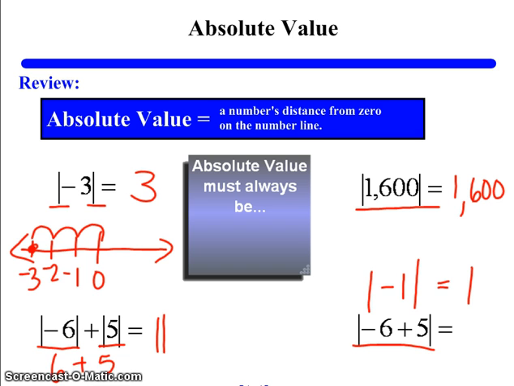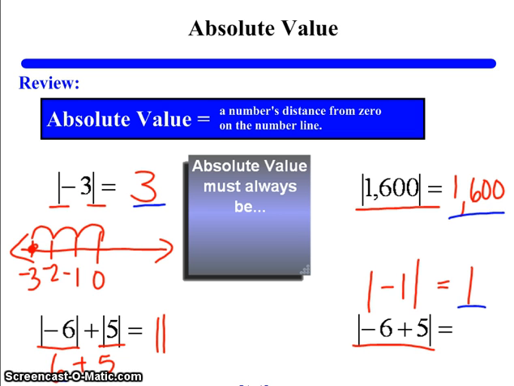So the really big thing you need to remember and keep in mind with absolute value is in our center square here. Absolute value must always be, well, take a look at what we've gotten in our 4 problems here. We got 3, we got 1,600, we got 1, and we got 6 and 5 when we did our absolute value.